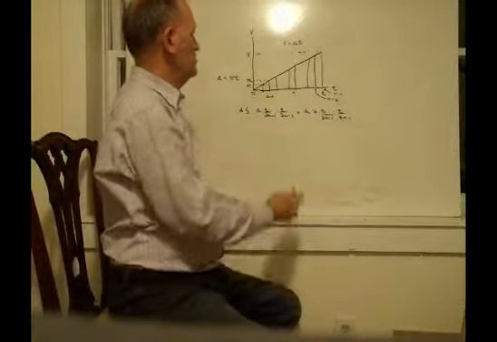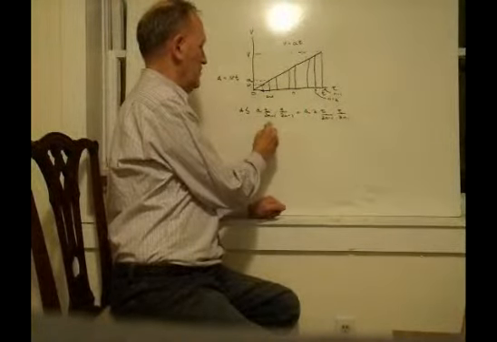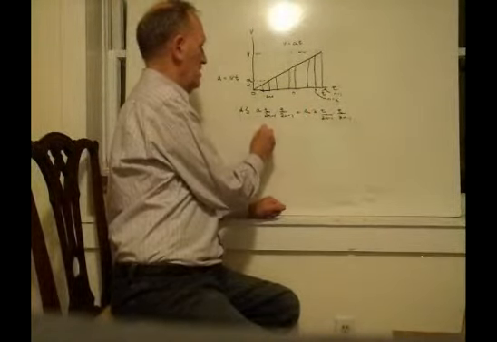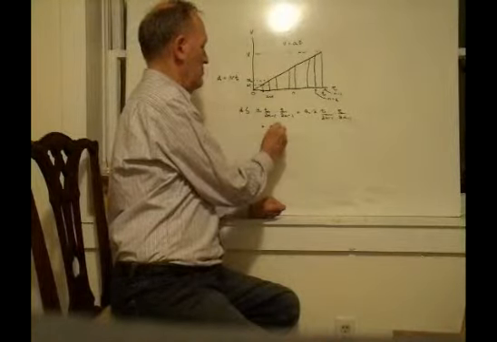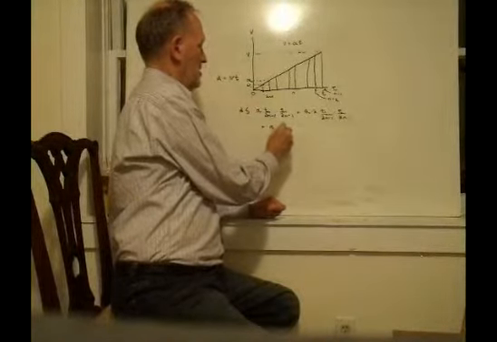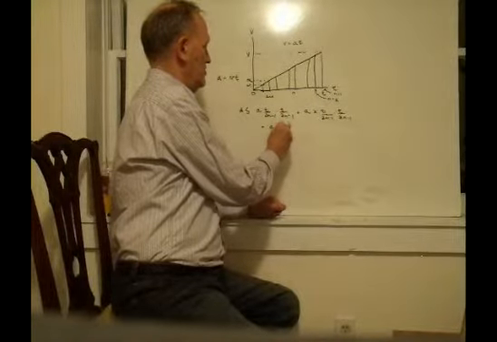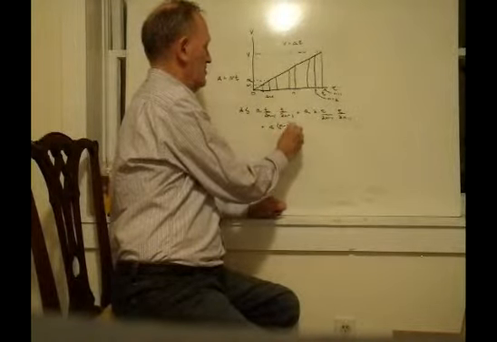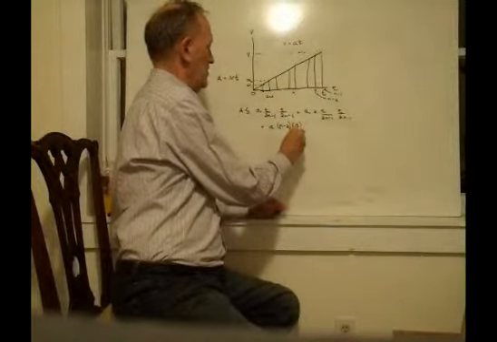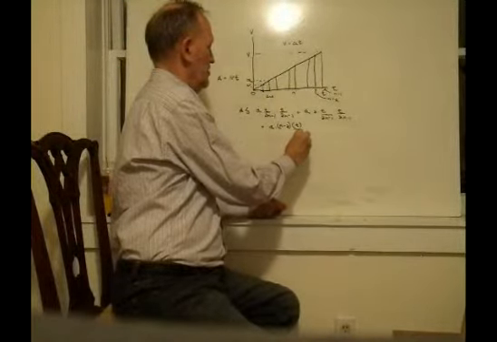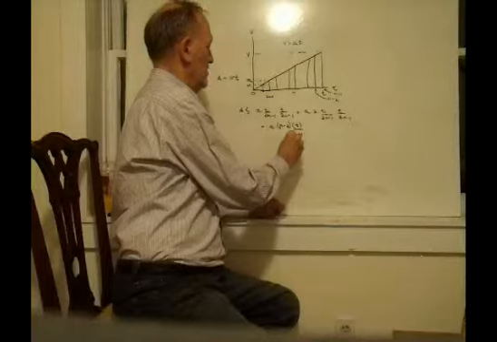So the nth minus 2 interval is going to be plus a times n minus 2 times t over 2n minus 1.